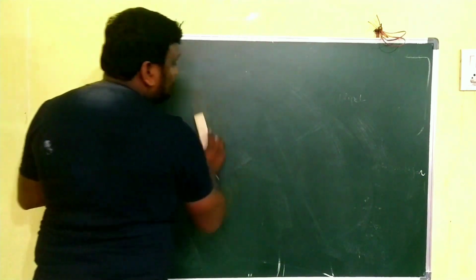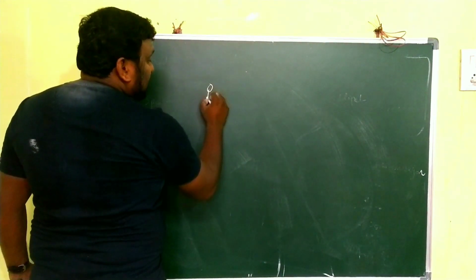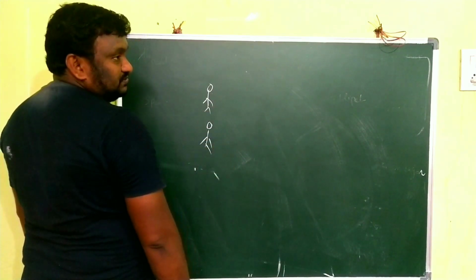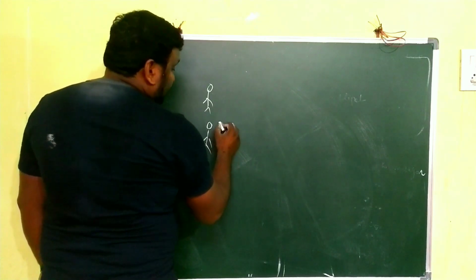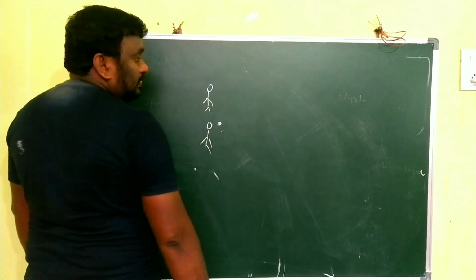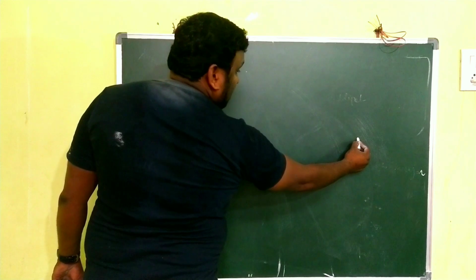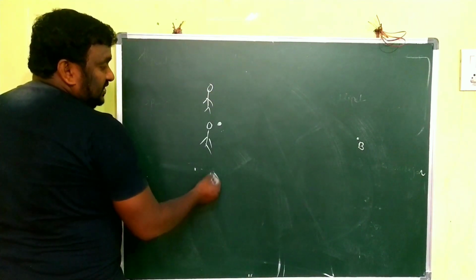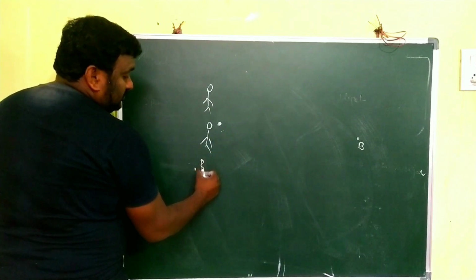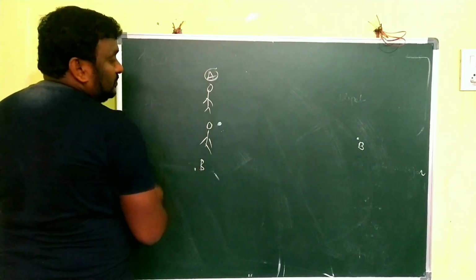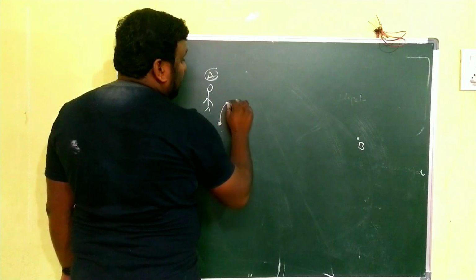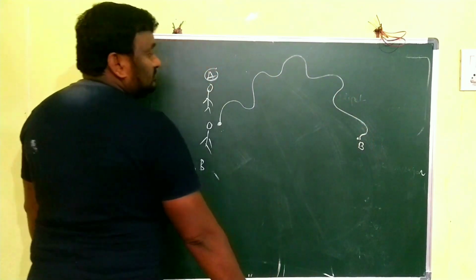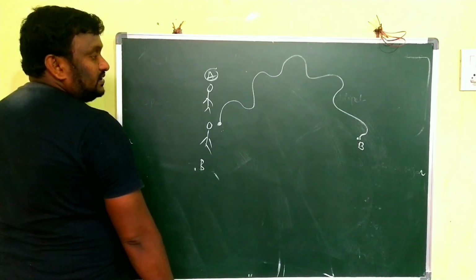Children, here two boys are standing at one position. That is the starting point, and this is the final point they want to reach. So here, boy A and boy B. Boy A, from this point, was moving like this. Clear?